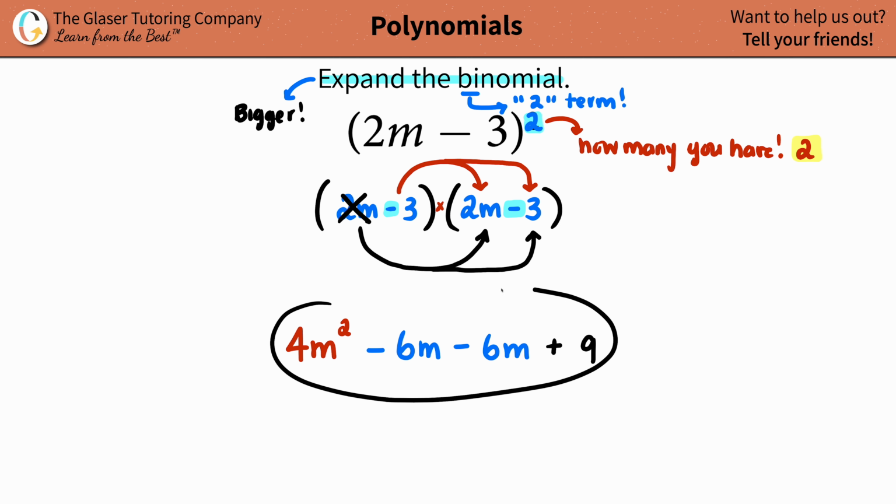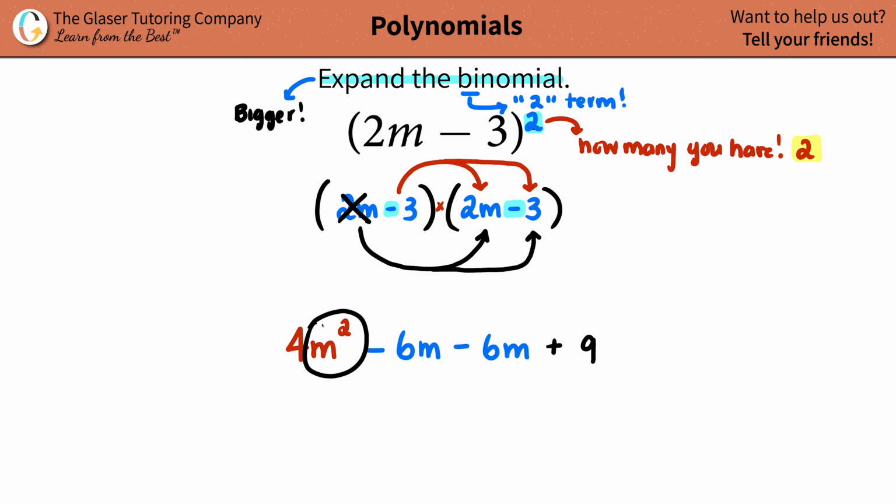Now, notice how I drew these in different colors, because when you're simplifying, m squareds only want to simplify with m squareds. M's only want to simplify with m's. That's why I drew these in blue, because these are the only two that can be simplified. The 4m squared can't be simplified, so that just comes along for the ride. And now we have -6 minus 6.